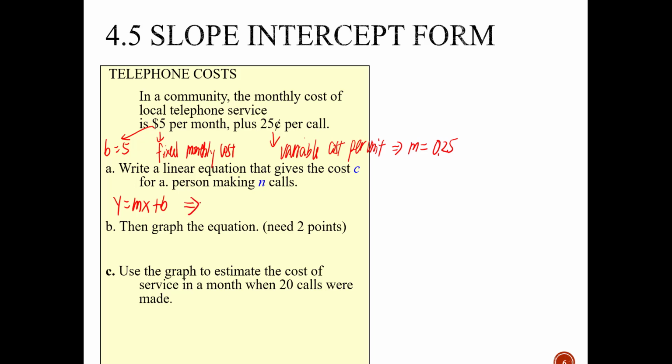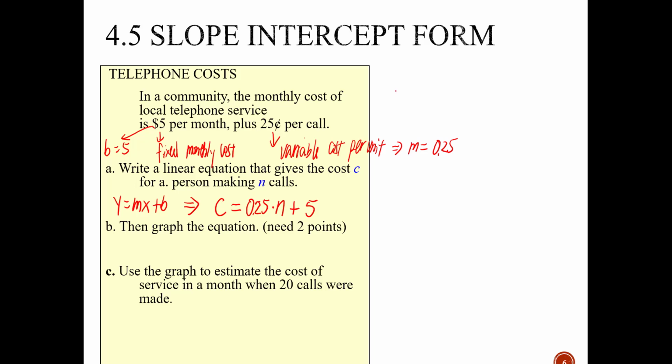So here, the cost C equals 0.25 times n, plus $5 fixed cost. So that gives us the monthly cost based on the number of phone calls this person is making.